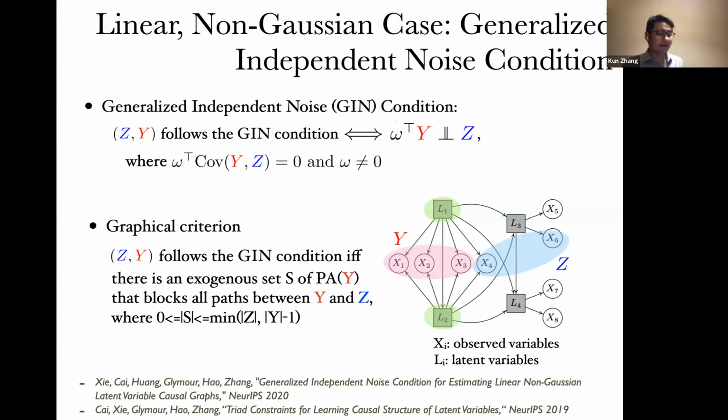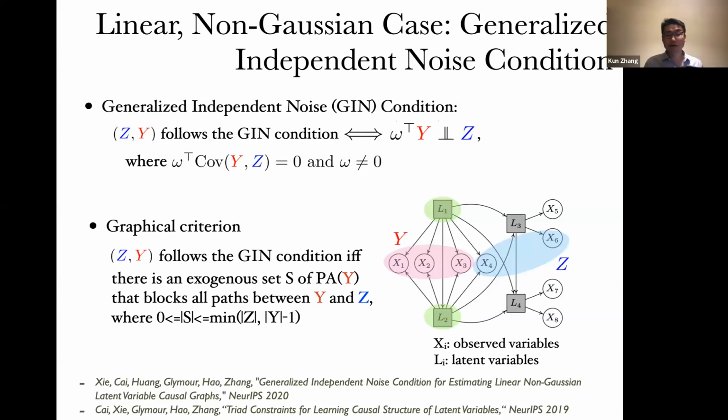Okay, so now it's very simple. It's all just about independence between a linear combination of variables and some other variables. And now we can see the independent noise condition is a special case, right? Because in the independent noise condition case, the residual is also a linear combination of some of the measured variables, and we were talking about the independence.